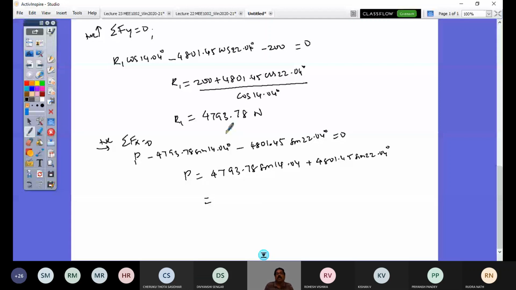So this is the answer. You see here the load is 4000, but you don't need to really put that. It has a relatively lesser value to be put, right? So this is the answer.